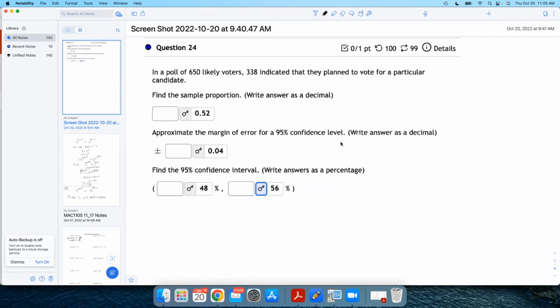First thing we want to do is figure out what we're calling our population and success. Let me write those in the other order. Population and success. So we're told here in a poll of voters, this many planned to vote for this guy. So my population is a group, not a number, is voters, technically likely voters.